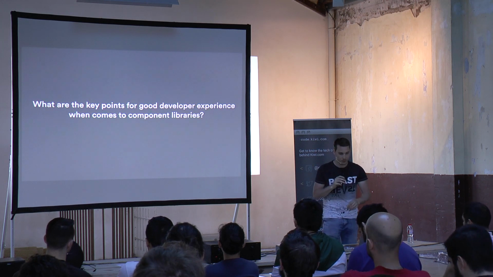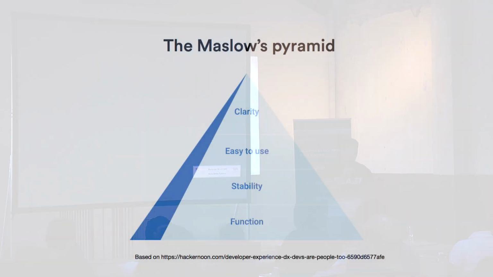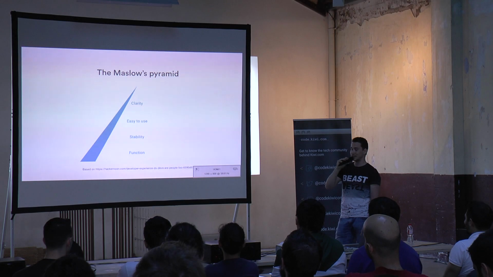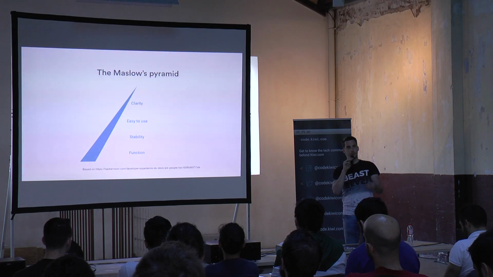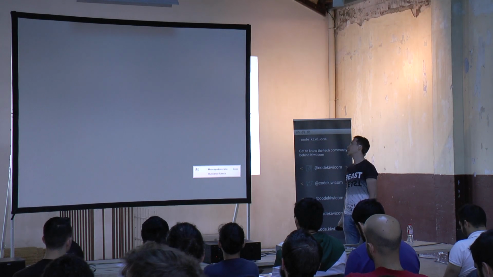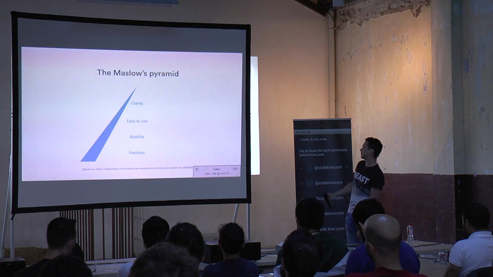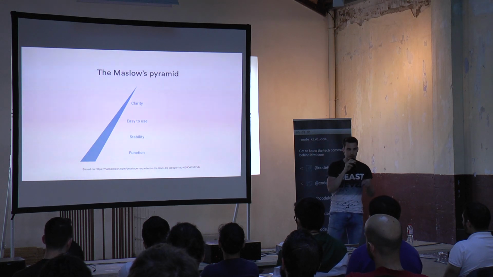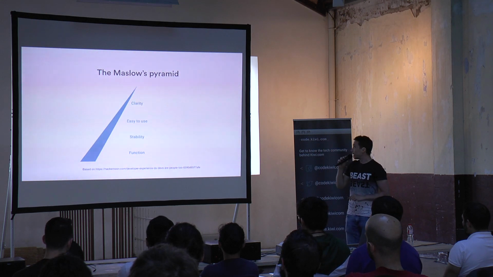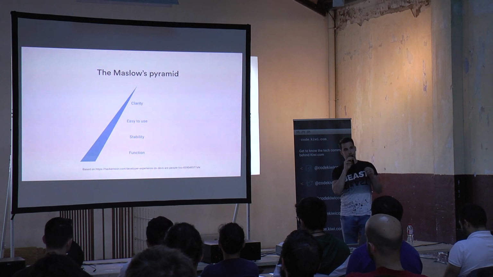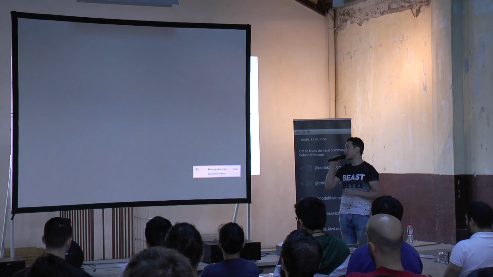And for this, we are using 4 key points that come from the developer experience definition. What you see is Maslow's pyramid, kind of. It consists of 4 key points: function, stability, easy to use, and clarity.